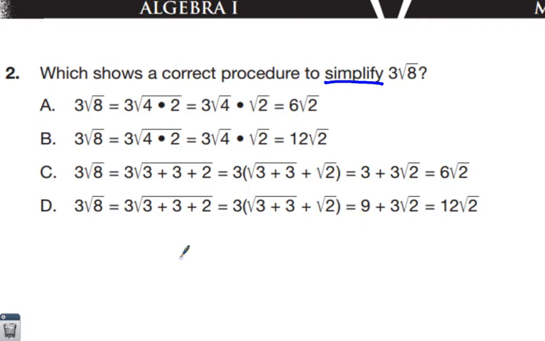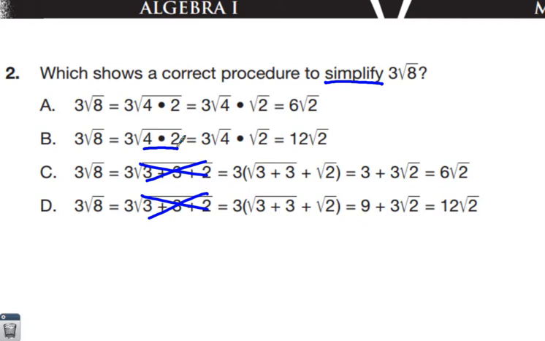It's very much related to the actual definition or property of a square root, where root 8, you cannot break it up like this. That is not a property of square roots, to break it up by addition or subtraction. That's just the nature of a square root.